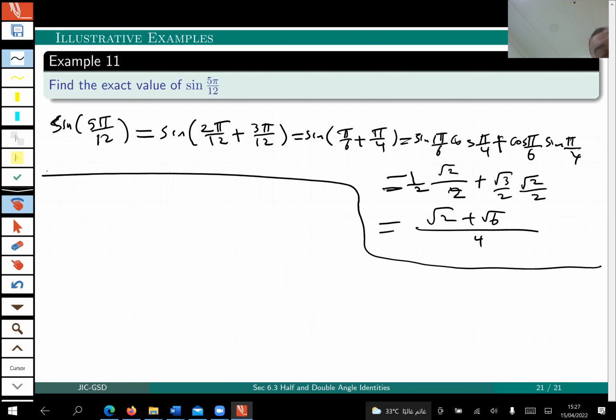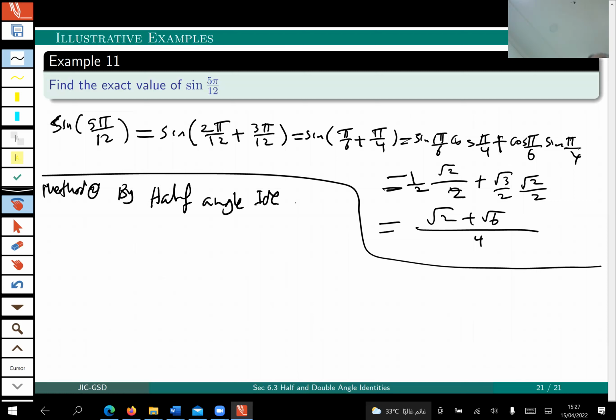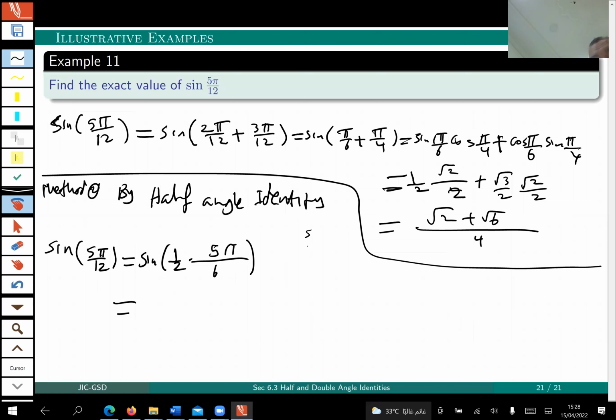But using this section, which is the half angle identity, I need to say sine is actually sine of half x. So according to the rule, 5 pi over 12 is less than 6 pi over 12, which is less than pi over 2.